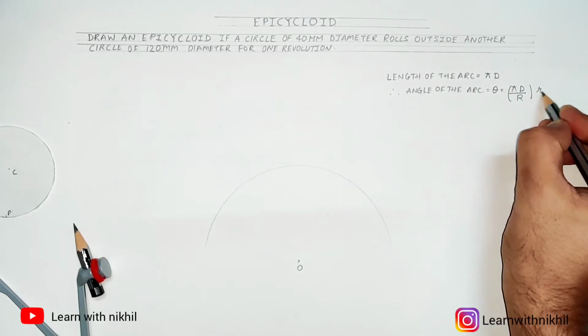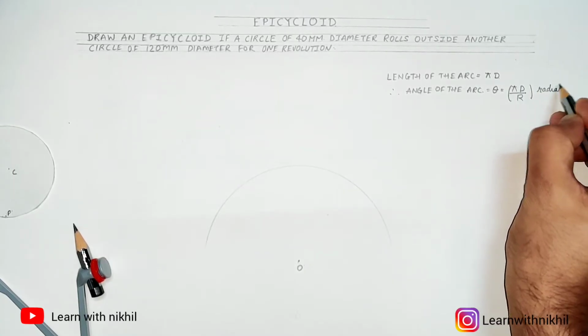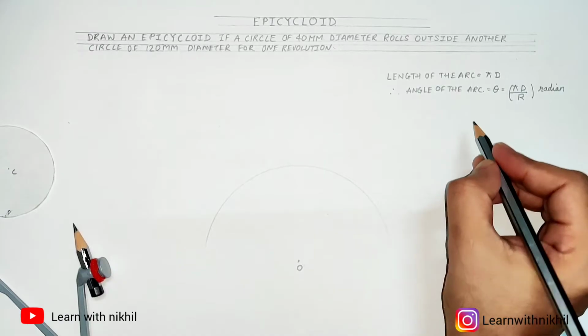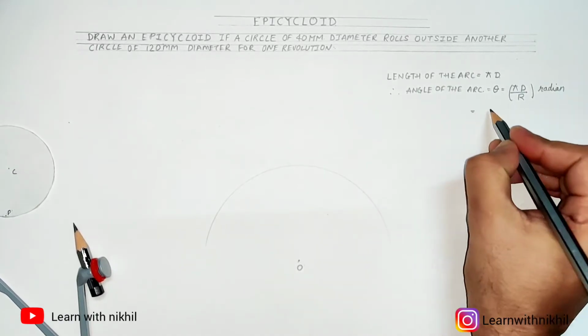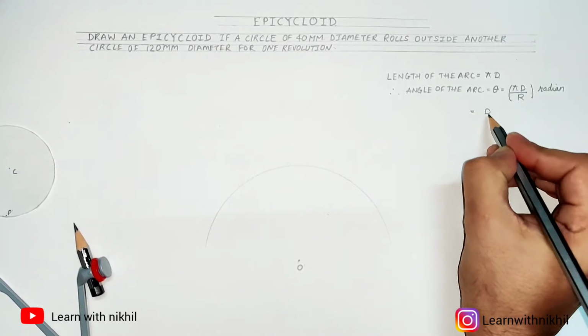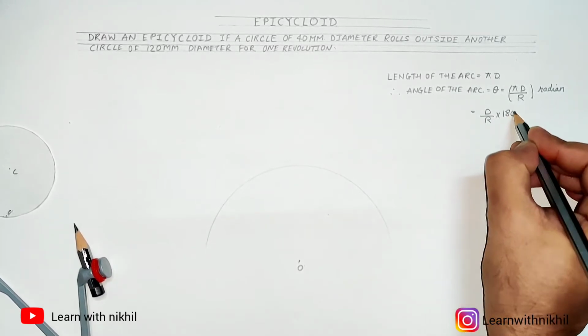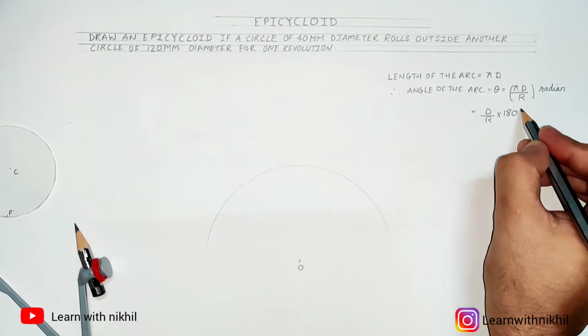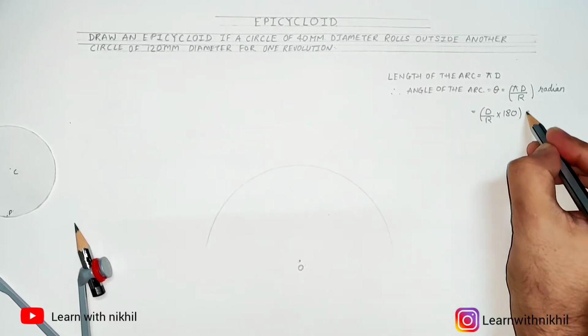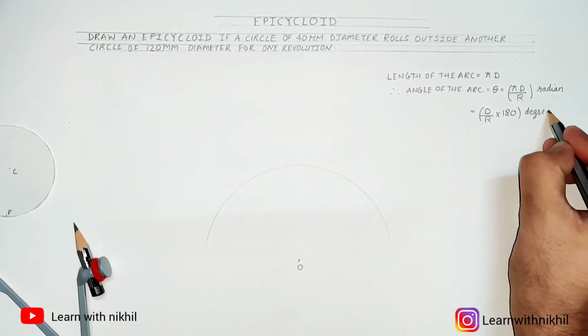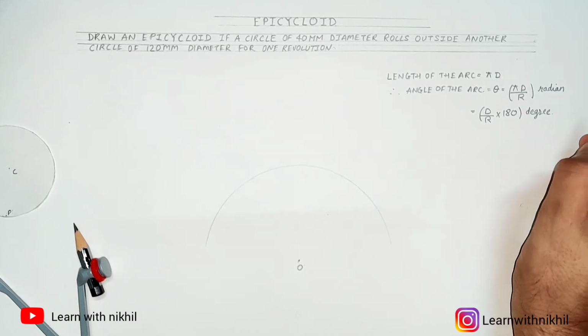This is in radians, so we have to calculate this into degrees. As we have to convert from radians to degrees, pi value is 180. So theta equals d upon R into 180 degrees.